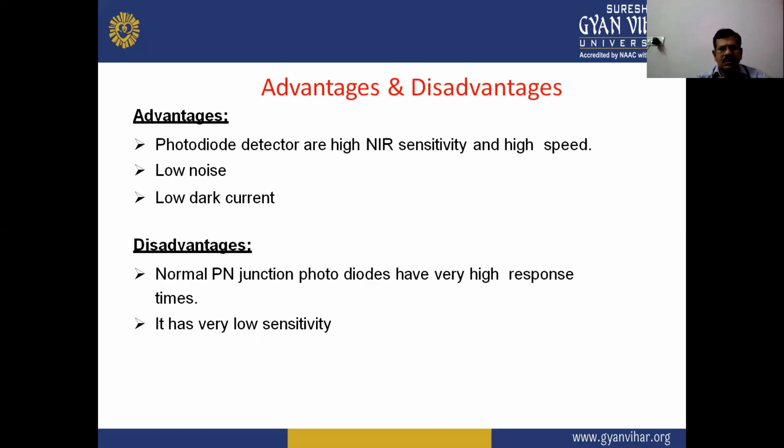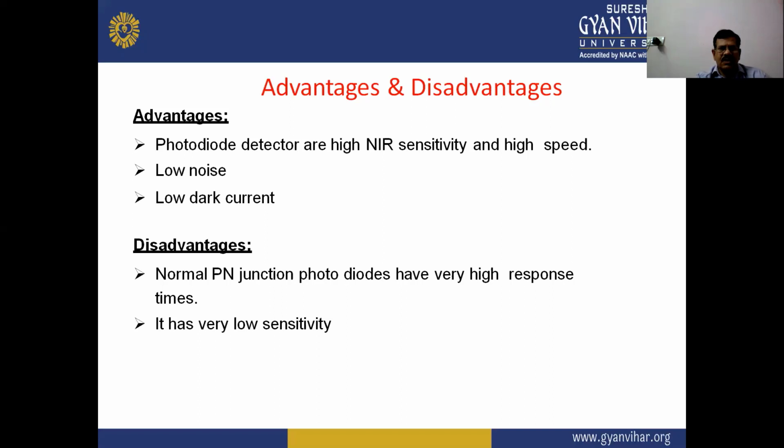And what are the advantages and disadvantages of the photodiode? There are some advantages and some disadvantages. The first advantage is that photodiode detectors have high NIR sensitivity and high speed.